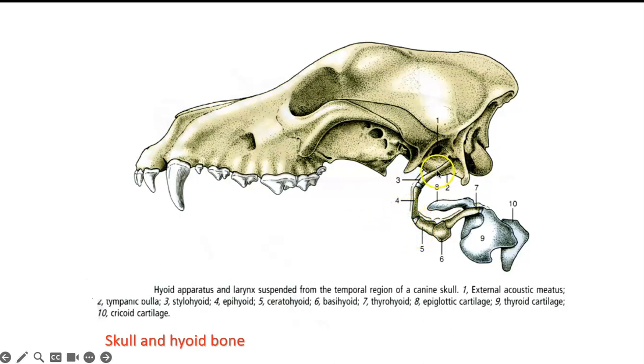You can see the articulation between the skull and the hyoid apparatus, and also the connection between the larynx and the hyoid apparatus. This apparatus is important for deglutition, especially the involuntary process of swallowing. For your information, in the dog there is no lingual process, so it is absent. There is no connection between the hyoid apparatus and the tongue in the dog.